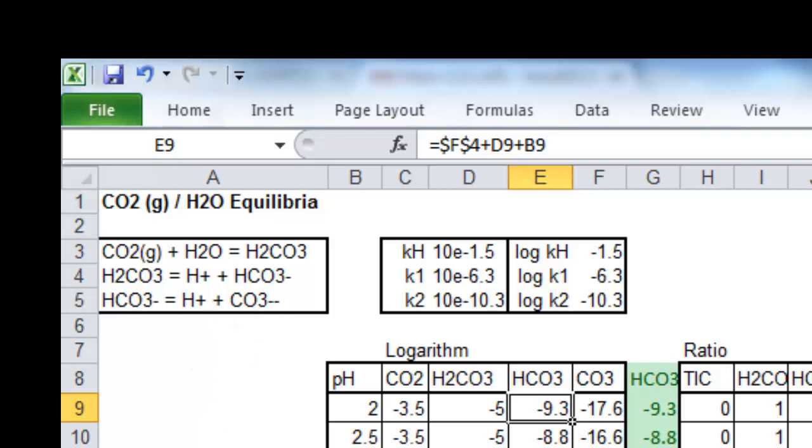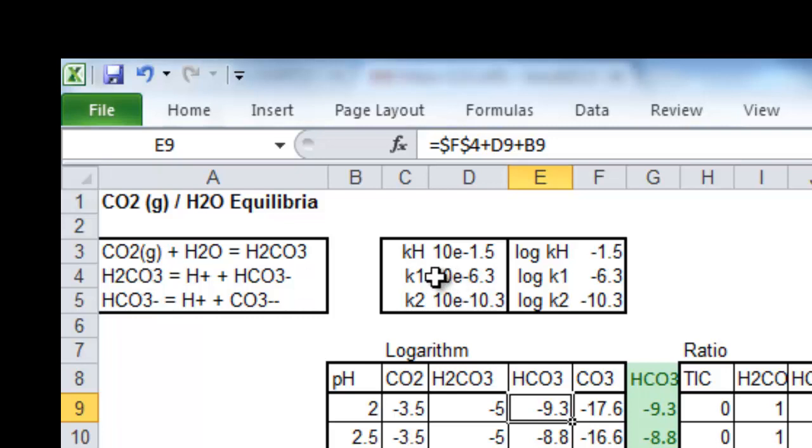So if we multiply H plus and HCO3 minus, and then divide by the reactants, which is H2CO3, then that will equal 10 to the minus 6.3. So products H plus times HCO3 minus divided by reactants H2CO3 equals 10 to the minus 6.3.